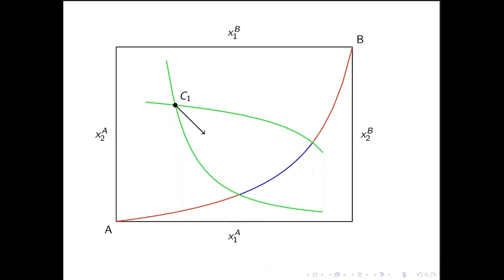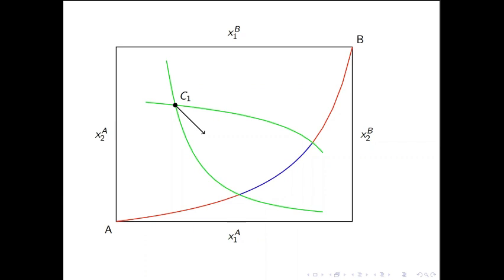Now, they will trade down and to the right because player A will buy good 1 and sell good 2. And eventually they will end up somewhere on the core. We don't know at this point which point in the core will be the solution, but we can tell for sure that they will trade until they reach one of the points in the core.